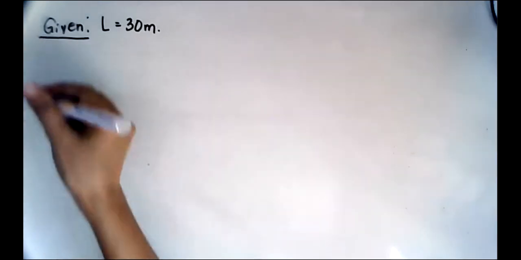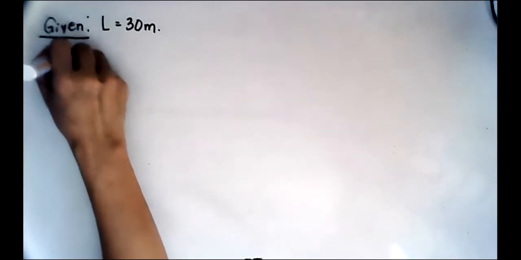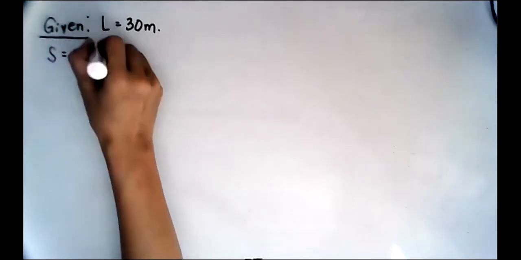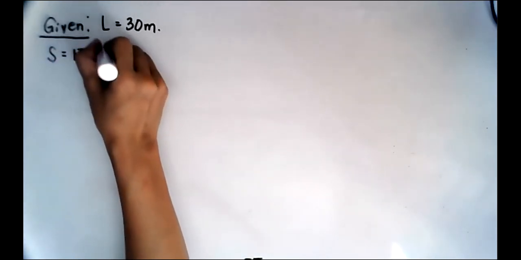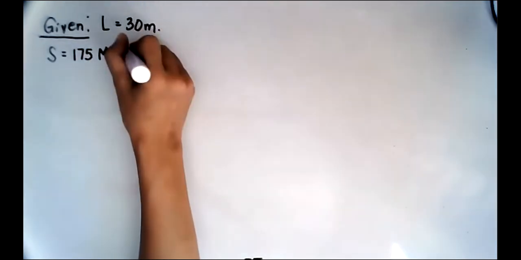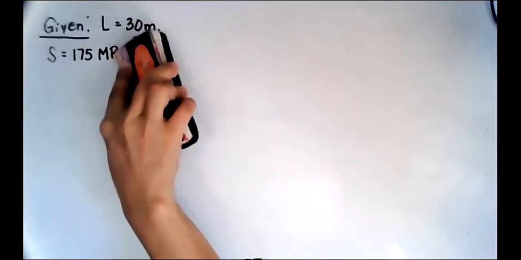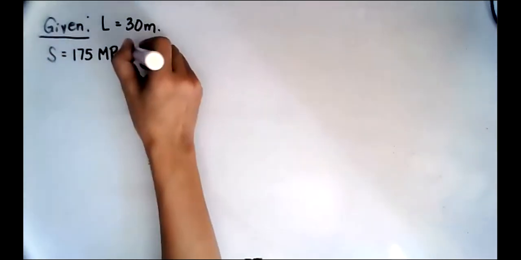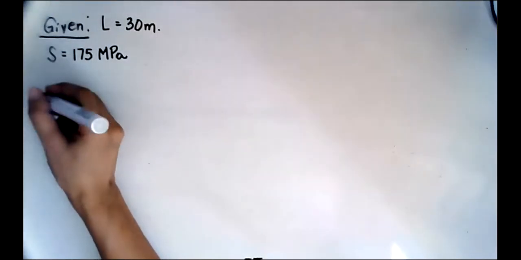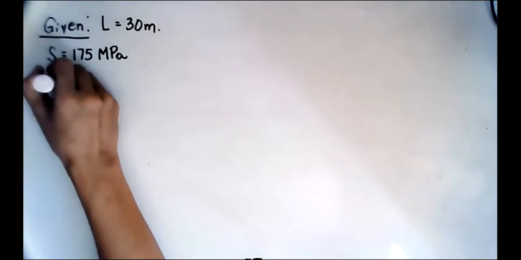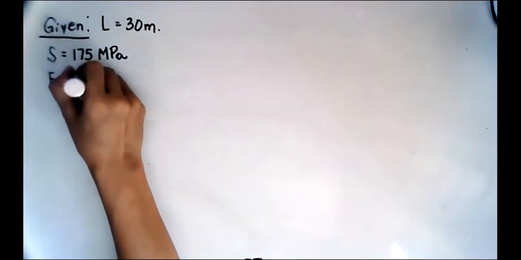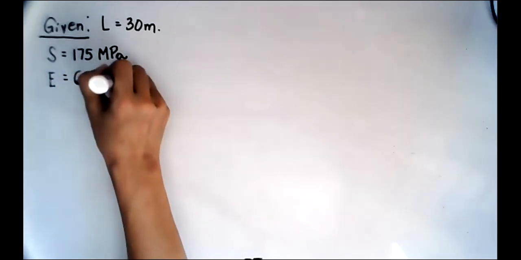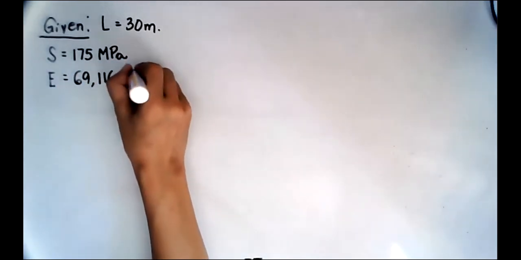The aluminum bar is subjected to a tensile stress, which is 175 megapascal. 175 megapascal is the same as 175 Newton per millimeter squared. And we have the modulus of elasticity, which is 69,116 megapascal.